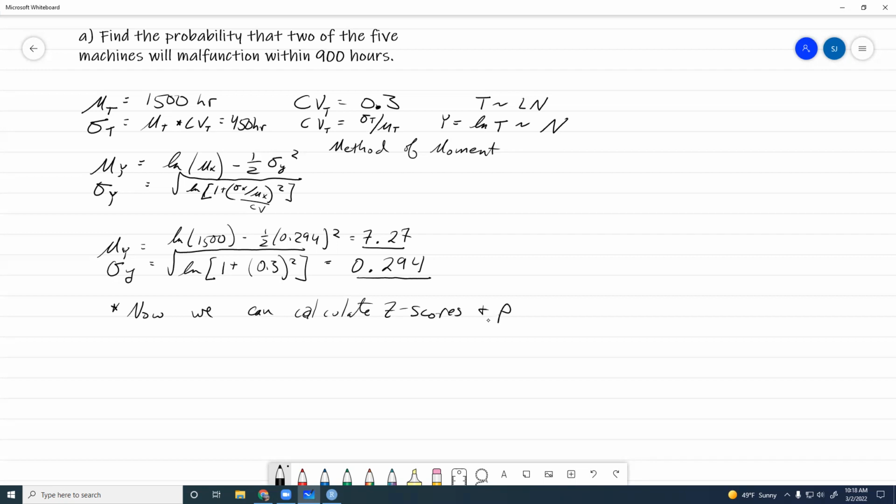That relationship says that if t follows a log-normal distribution, then ln of t follows a normal distribution, and we can calculate the z-score this way. z is equal to ln of t, whatever t value we're interested in evaluating, minus mu y all over sigma y. So that's why we had to calculate these variables. In order to get this standard normal variate, we need these parameters for the log-normal distribution.